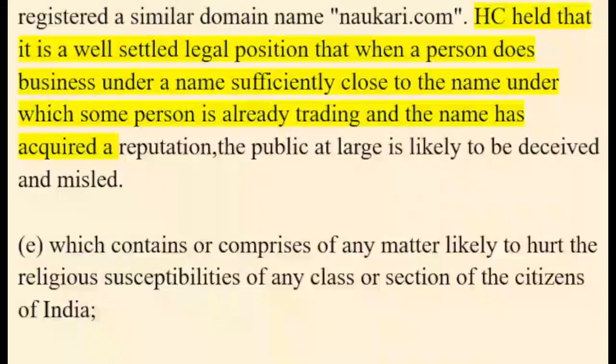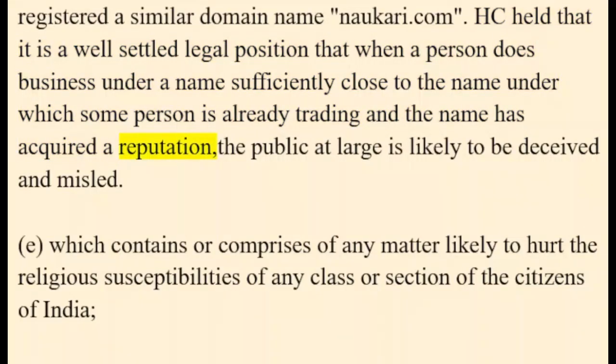The HC held that it is a well-settled legal position that when a person does business under a name sufficiently close to the name under which some person is already trading and the name has acquired a reputation, the public at large is likely to be deceived and misled.